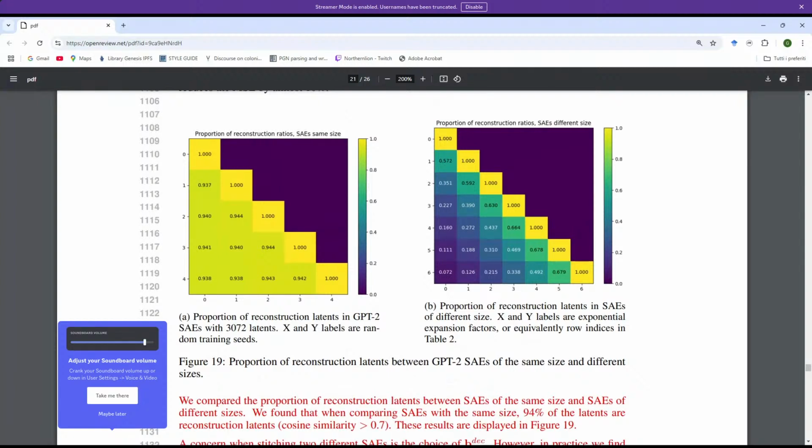You'd still have a bunch of split features from the smaller size, but maybe you could use some of the methods they introduced to distill this super big SAE into a smaller SAE, just by keeping all the novel latents and throwing away all the reconstruction latents.